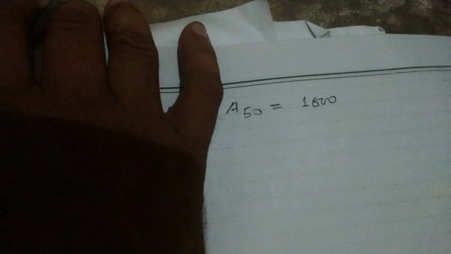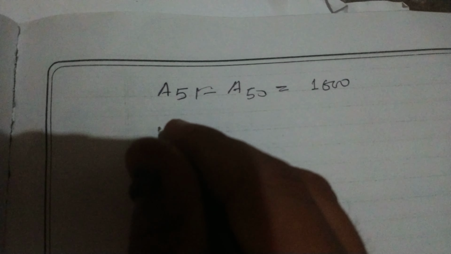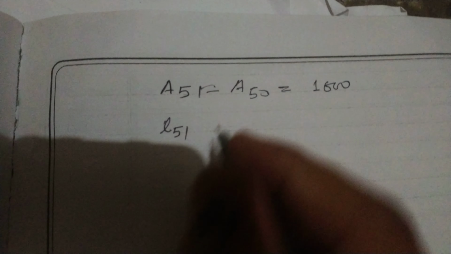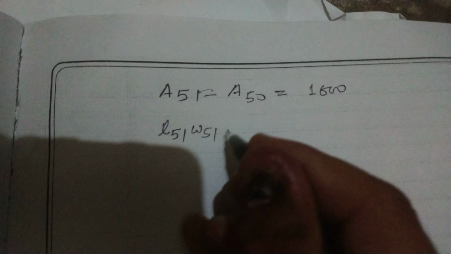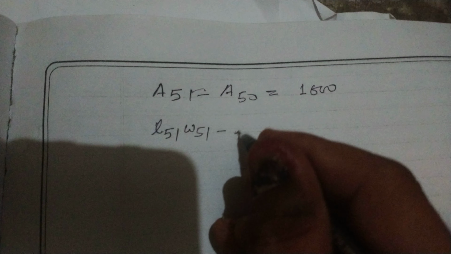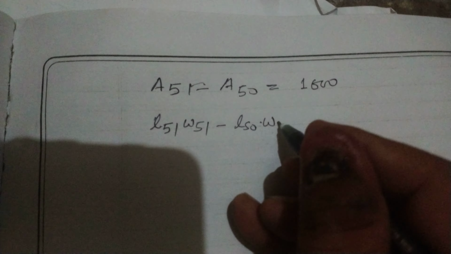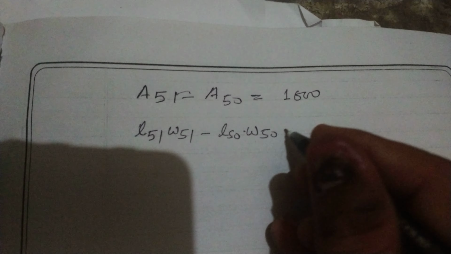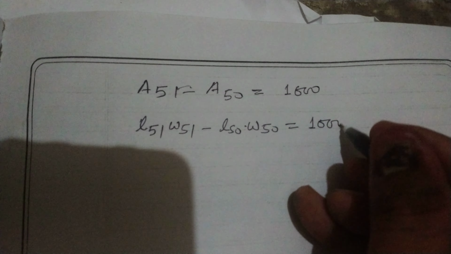Equal to how much? 1000, and we put the values: A51 equals L51 into W51, minus L50 into W50. We put this value equal to 1000.